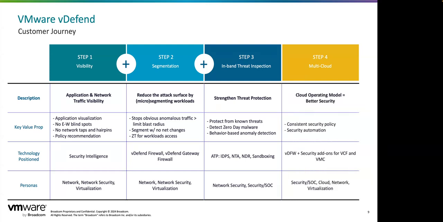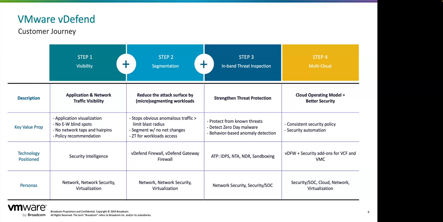And then the final step is getting out to the multi-cloud, extending the single operational model of VMware Cloud Foundation into other VMware clouds. So having consistent security policy between your on-prem and your VMware Cloud in a hyperscaler, leveraging security automation to simplify the way rules are built and processed.